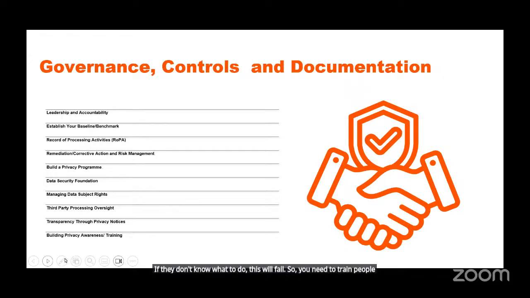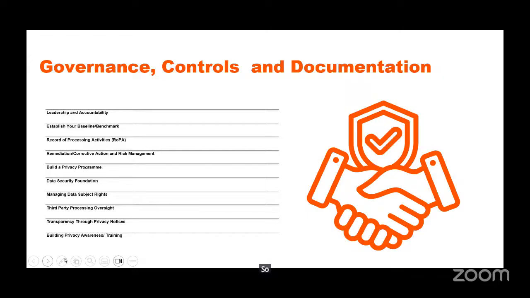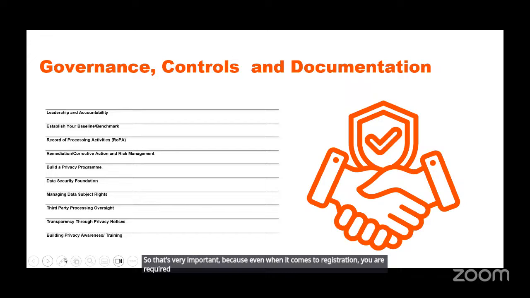What's recommended is that you train people during onboarding, and also at least once every year. That's very important, because even when it comes to registration, you are required to renew your registration every single year. So you also train people to ensure that they understand that this privacy program is working. You need to build awareness within the institution.